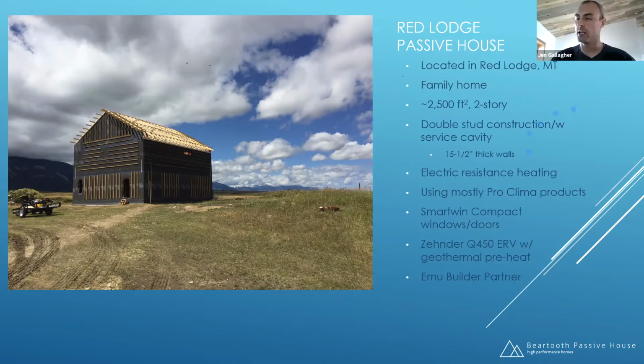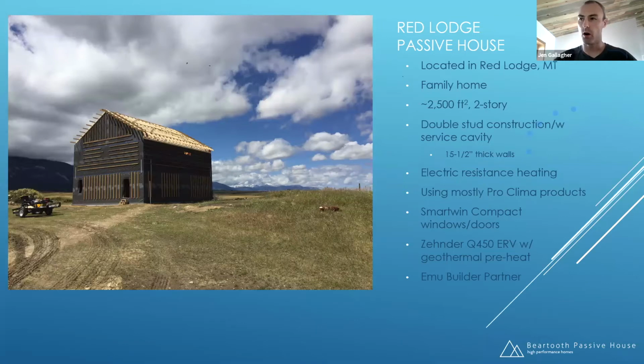ProClima is a company out of Germany, and they make products that you would equate to if you've seen Typar or different tapes or Tyvek or those kind of things.